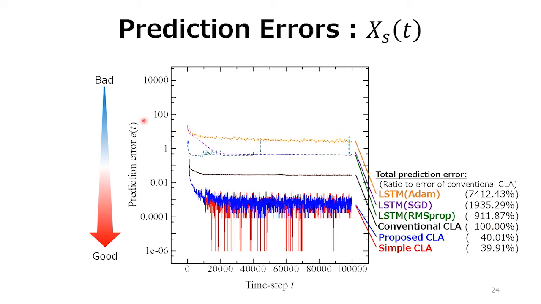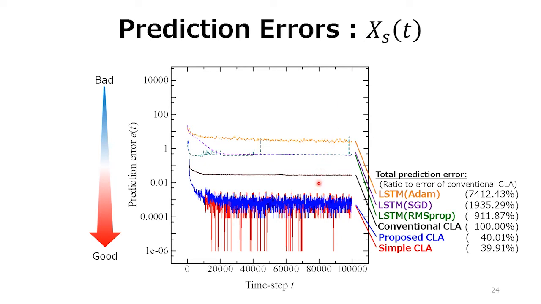From the result, we see that the prediction errors of the 3 CLAs are lower than those of the 3 LSTMs. In addition, we see that the simple CLA and the proposed CLA achieve lower prediction errors than the conventional CLA.